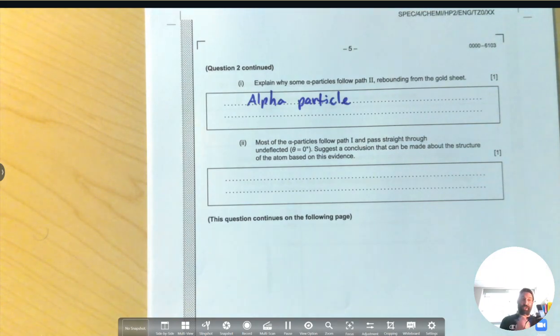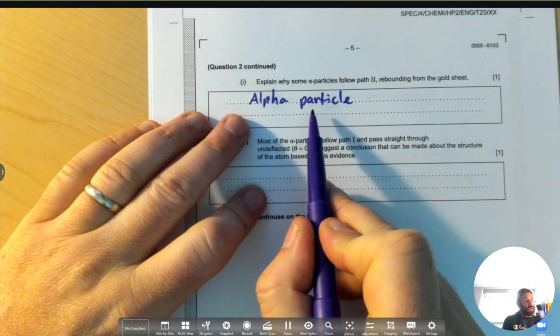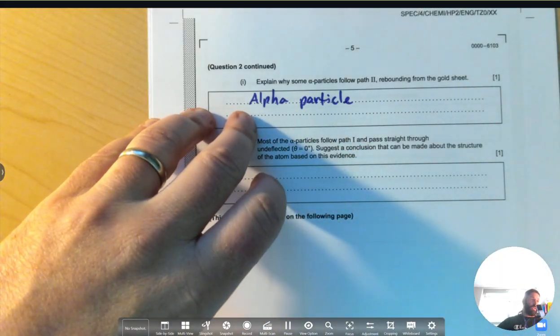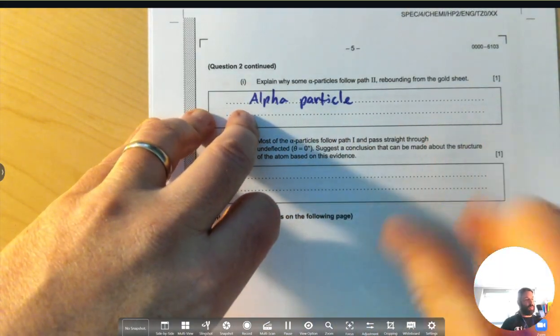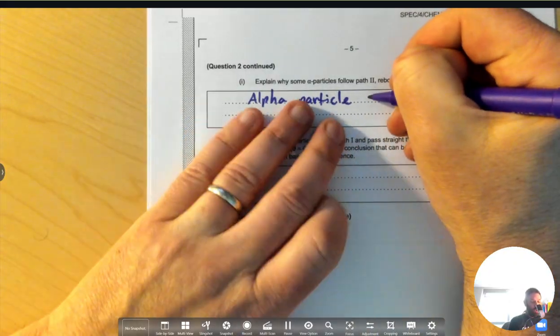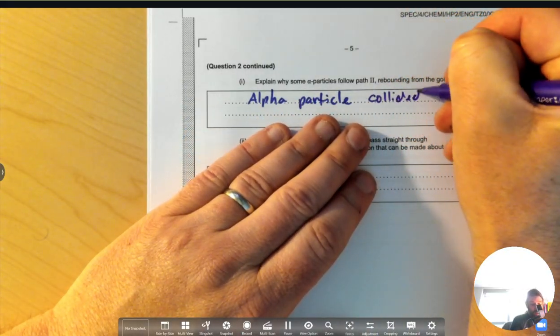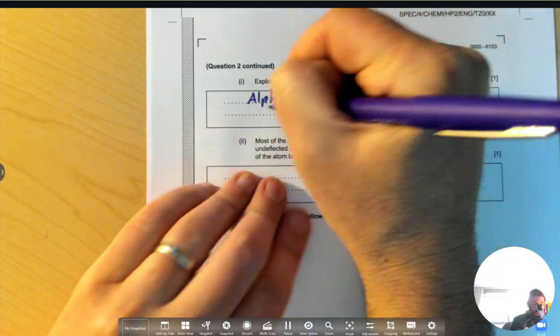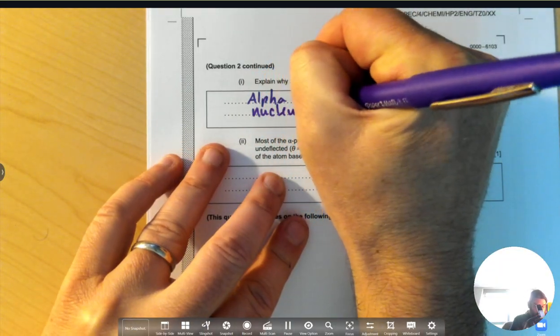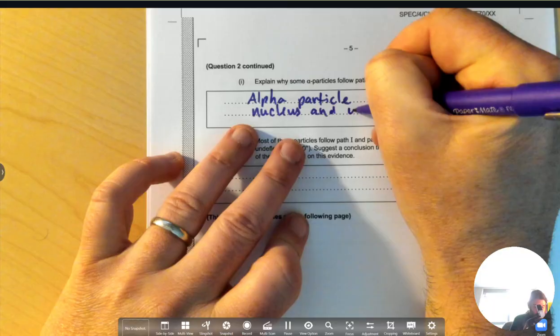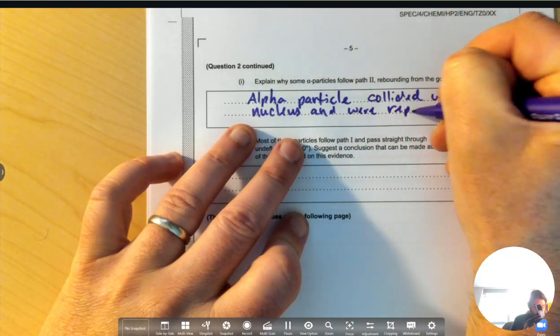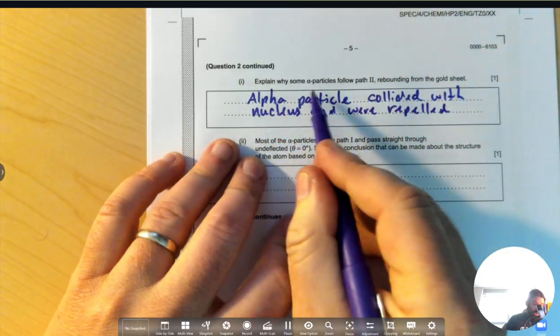Like charges are repulsive to each other and opposite charges attract. Since alpha particles are positively charged and the nucleus, as we are told in the beginning of this problem, is also positively charged, the alpha particles collided with the nucleus and were repelled.